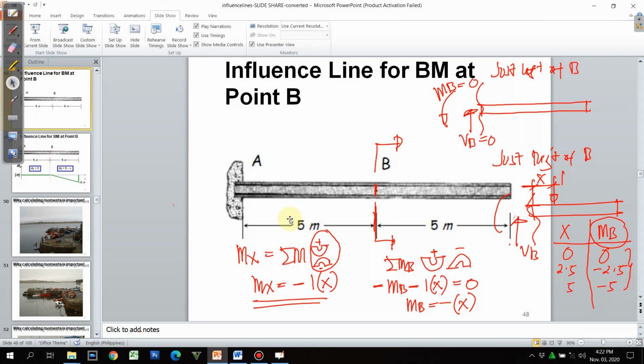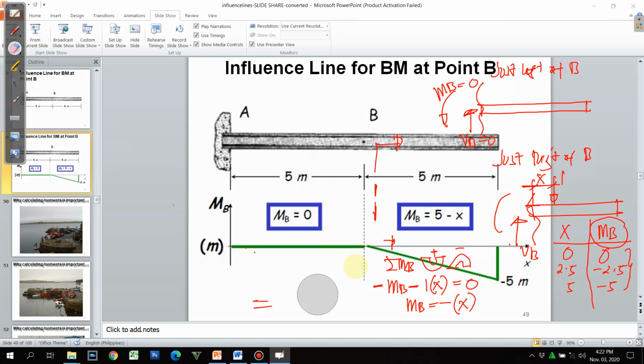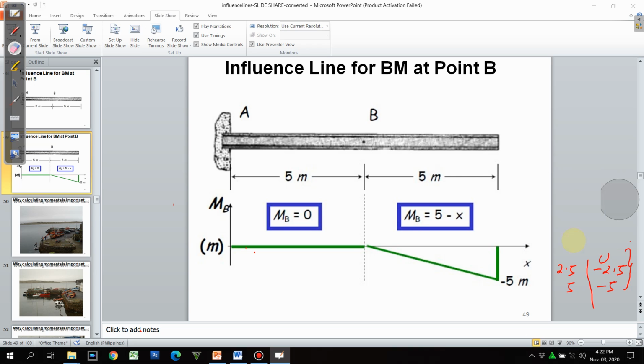Finally, we plot, and this will now be our bending moment at point B. A while ago, we obtained this to be negative 2.5 because at this section, just right of B, we found that MX is equal to negative 1 times x.